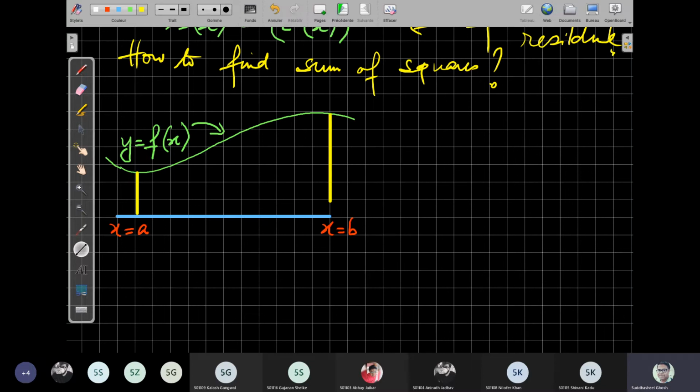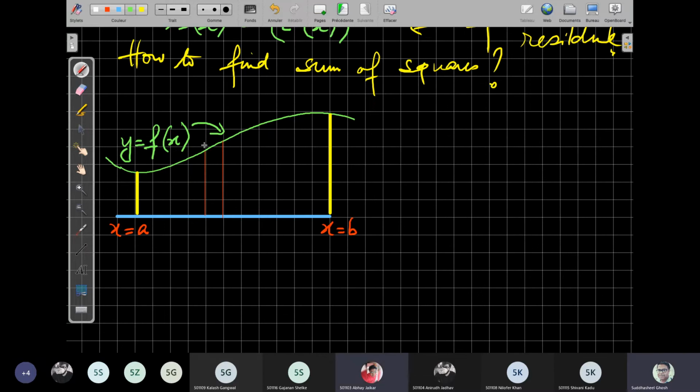Can anybody tell me how to do that? How will the area under the curve be found?